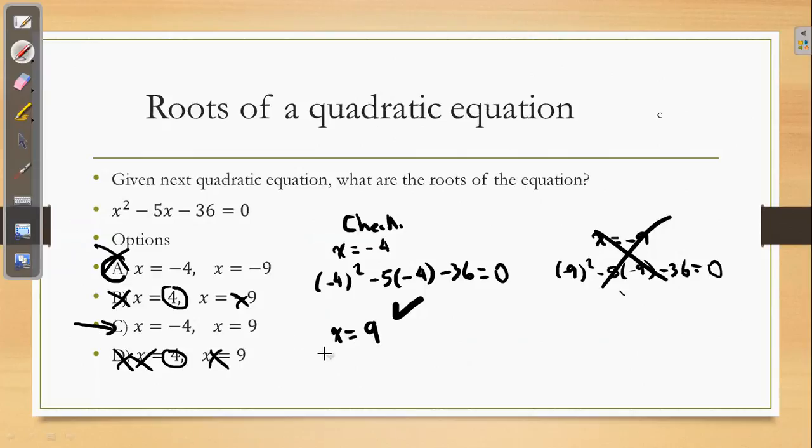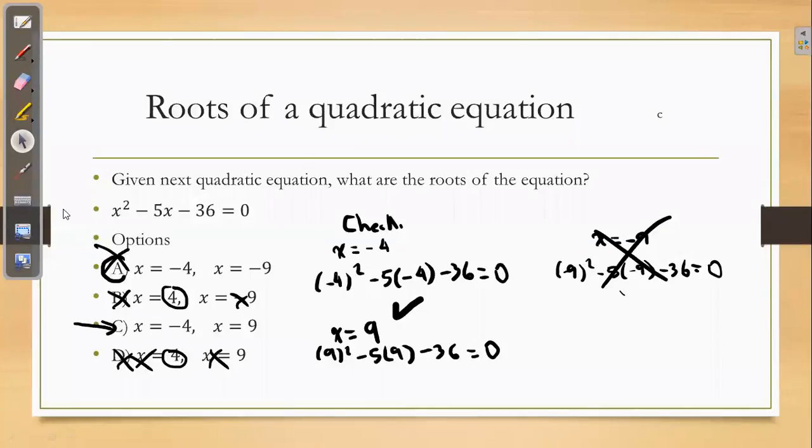I think C is the answer. So then you have 9 to the second power minus 5 times 9 minus 36. Tell me, please, if this gives you 0 or not. Do it with your calculator. So the answer is C. You thought it's C, you were right.